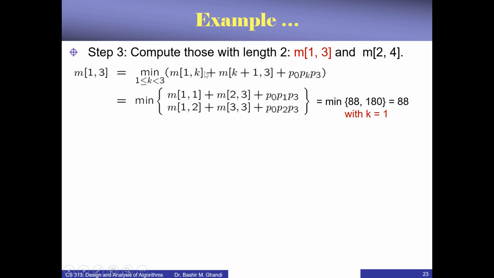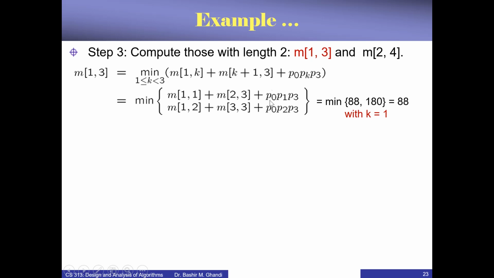If K is 1, then we will have M11 plus M(1+1), which is M23, plus P0, P1, P3. If K is 2, we will have M12 plus M33 plus P0, P2, P3.